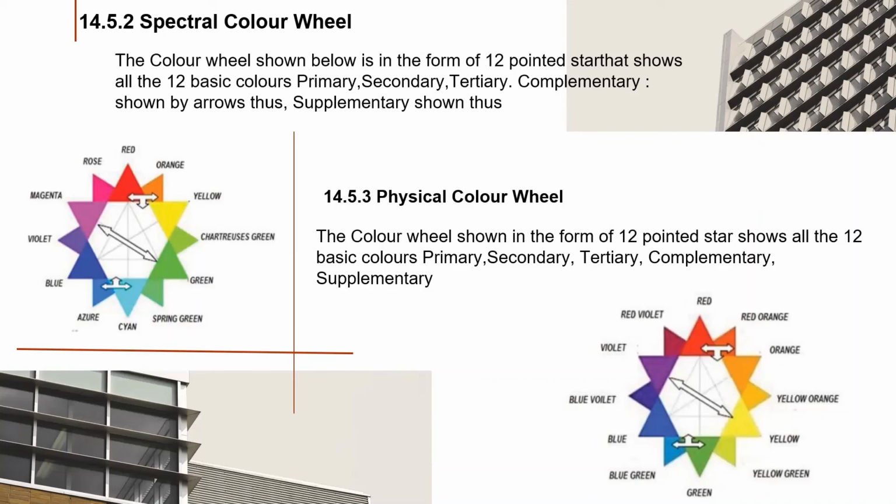The color wheel is shown in the form of 20 points. The star shows all the 20 basic colors: primary, secondary, tertiary, complementary, and supplementary.